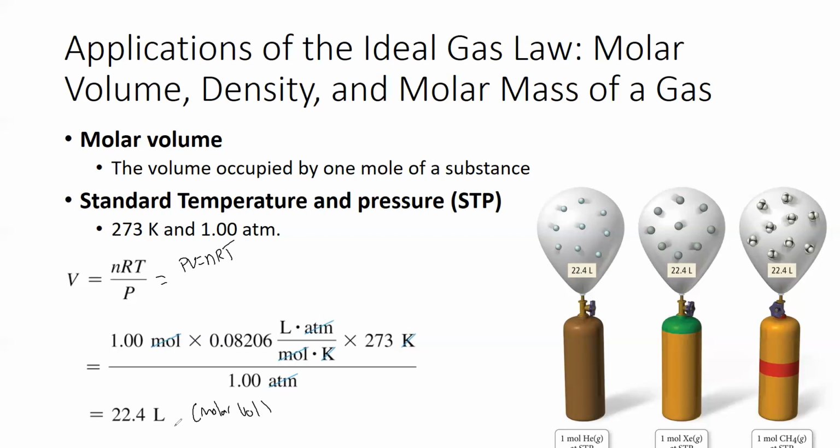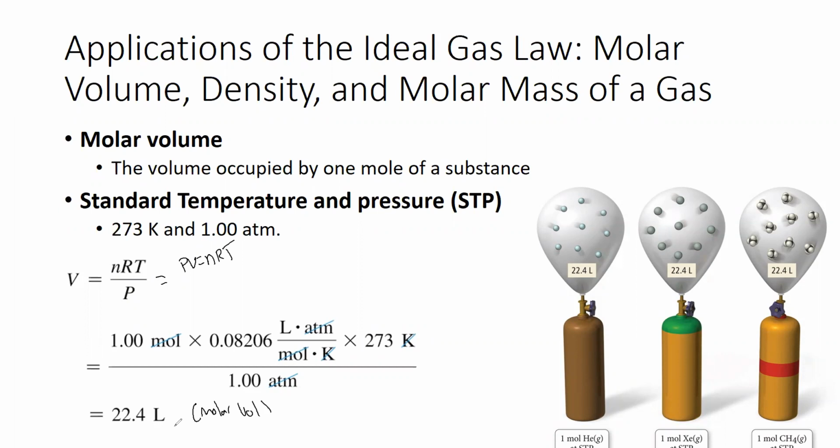One thing I want to caution you about on this slide that happens every year. It's very possible on the test that I ask you a question about calculating molar volume, and that I ask you to calculate molar volume at conditions different than STP.